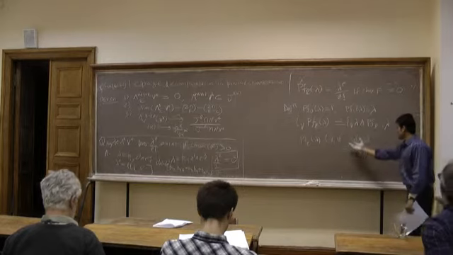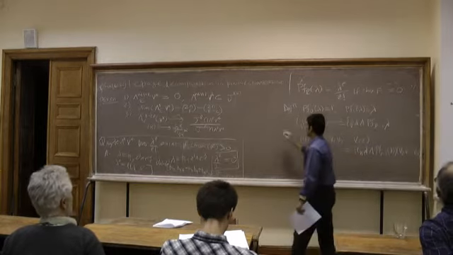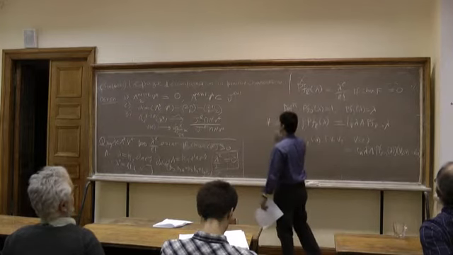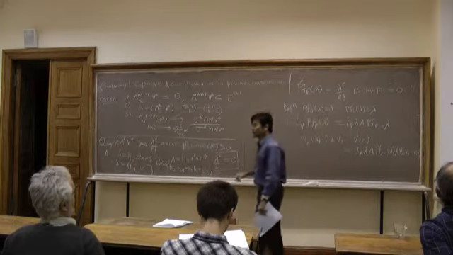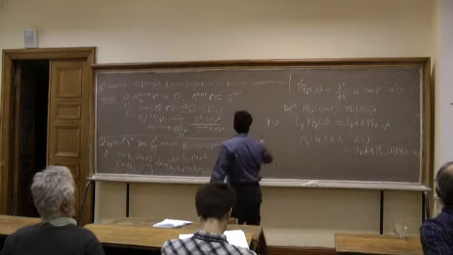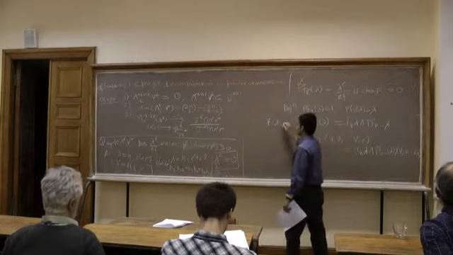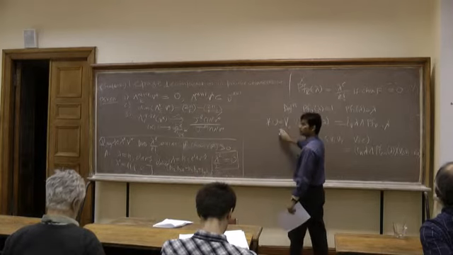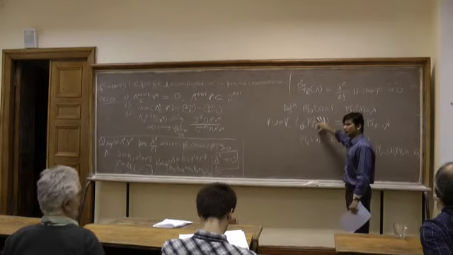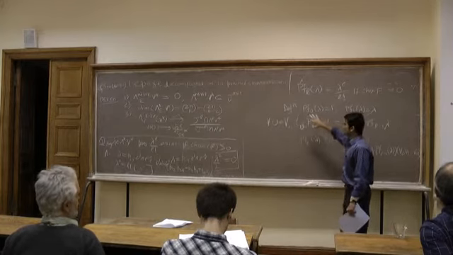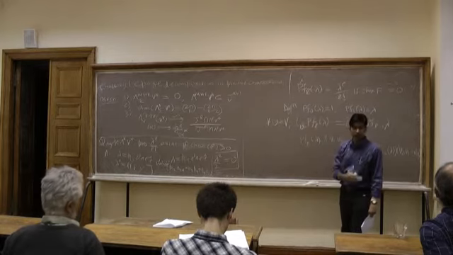Capital V denotes the vector space, and this is little v for all vectors. So what I am trying to say is, when you want to define a form, if you define its interior multiplication with every vector, you have defined the form.